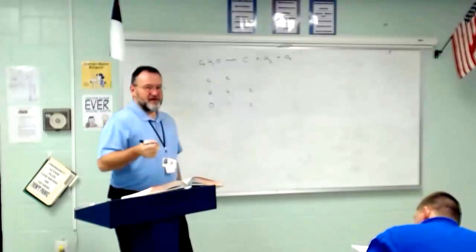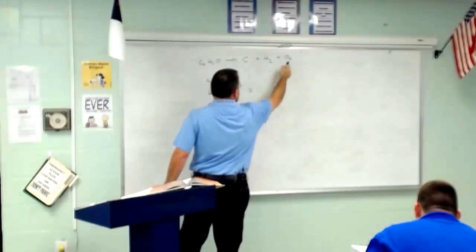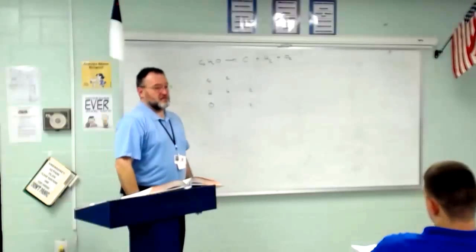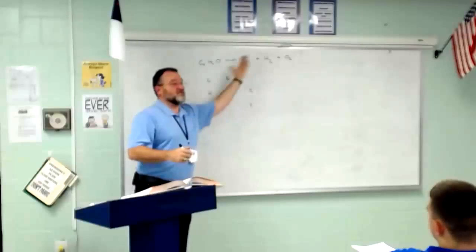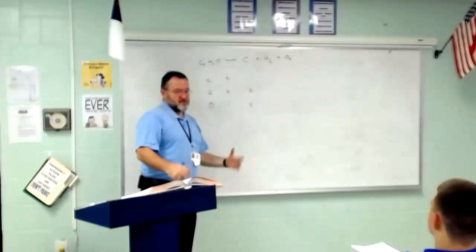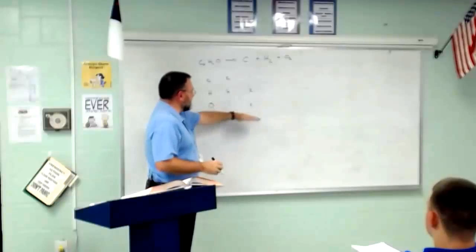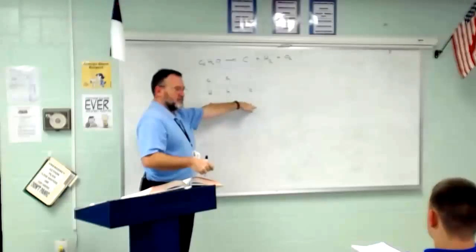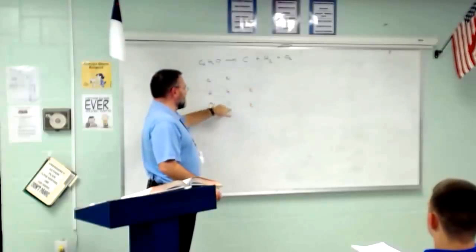Makes more sense that way, doesn't it? Because as I look here, I've got 2 on the reactant side. I need to have at least 2 on the product side. Or excuse me, I have 2 on the product side. I need to have at least 2 on the reactant side to give me 2 on the product side. Make sense? Makes sense that way. Okay. Looking at where I have more product than reactant and give myself enough reactant to get that much product. I know that I'm going to have at least 2 in the product side for oxygen, but I only have 1.